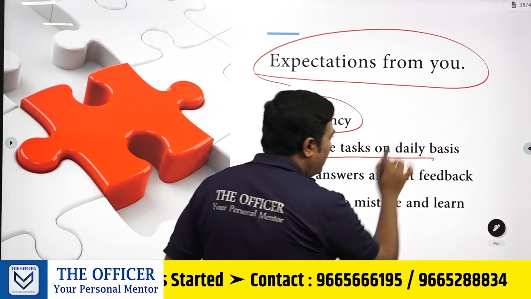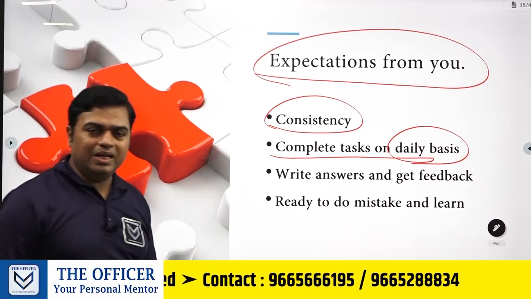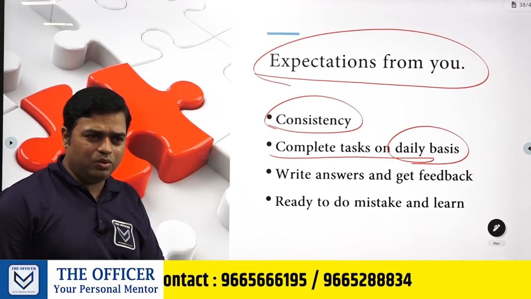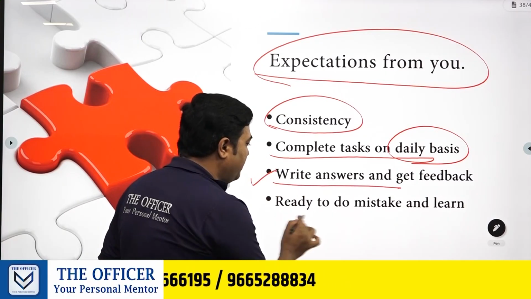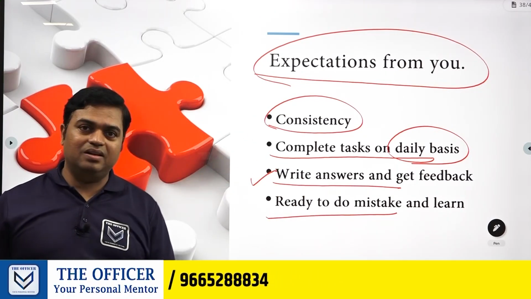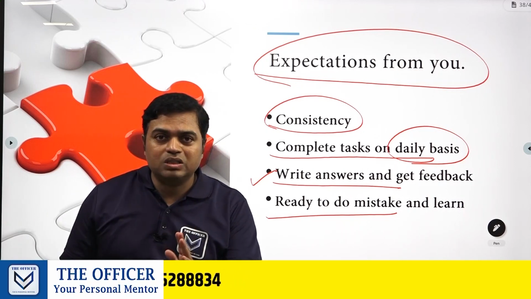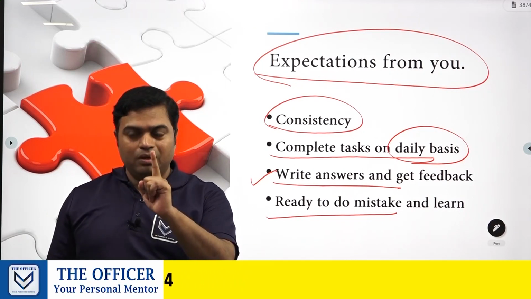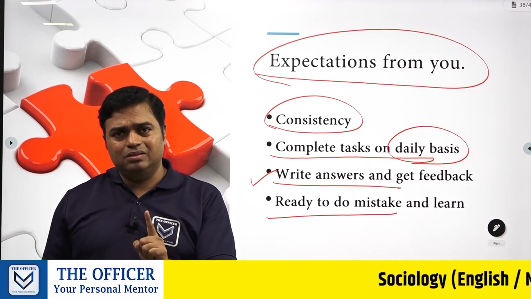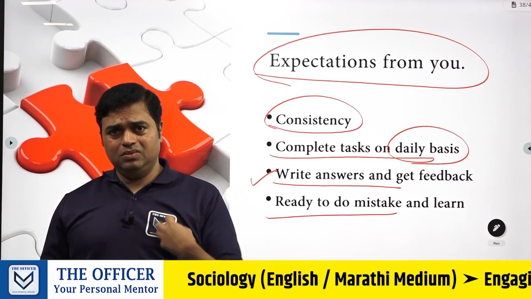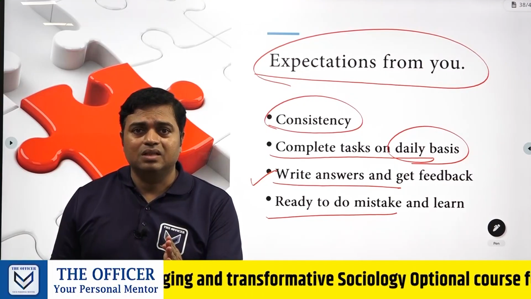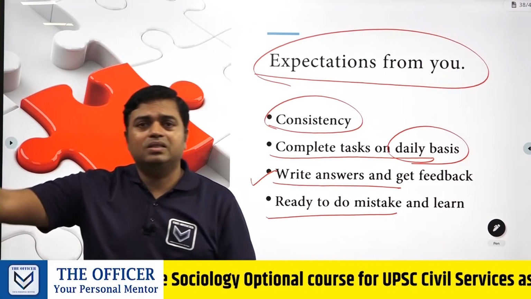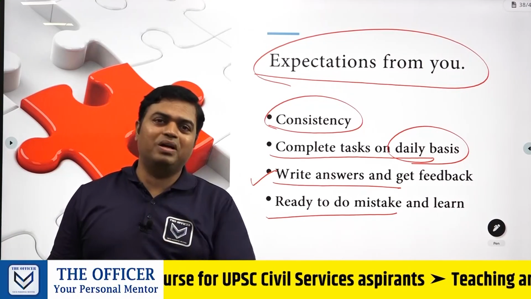Complete the task, whatever I will tell you. Then write answers and get feedback, and be ready to make mistakes and learn. So don't focus upon perfection. Believe that you are here to commit mistakes. Identify the mistakes and remove them, and you will become an IAS officer.